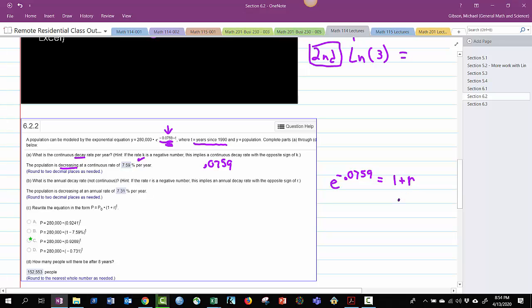So in the calculator or in Excel, we've got to solve it. In my calculator, I'm going to do second ln, which brings up an e to the x function, then negative 0.0759, hit enter, 0.9269.